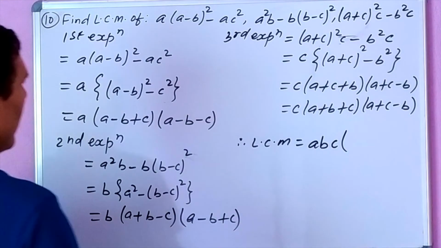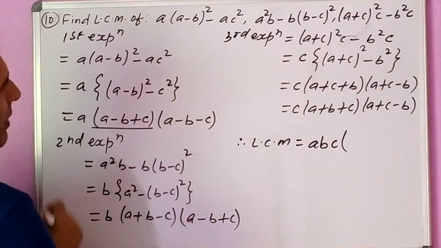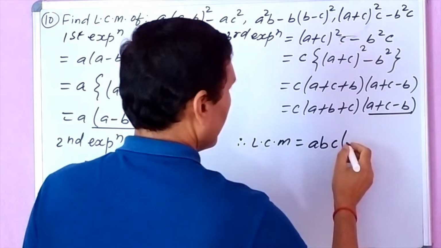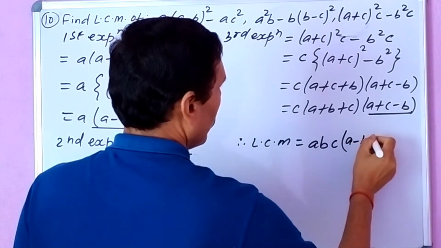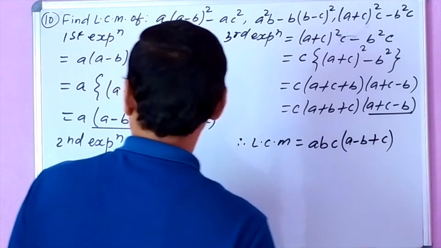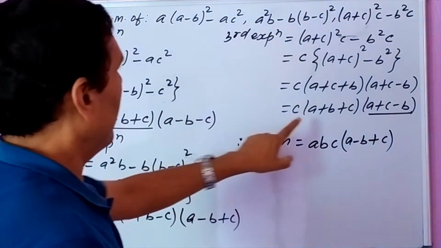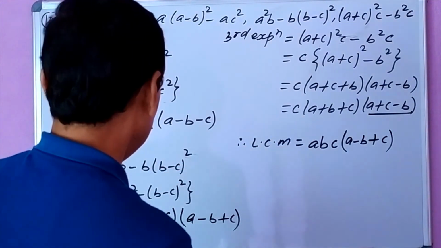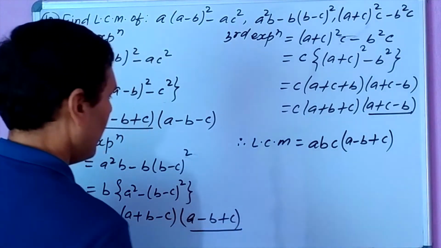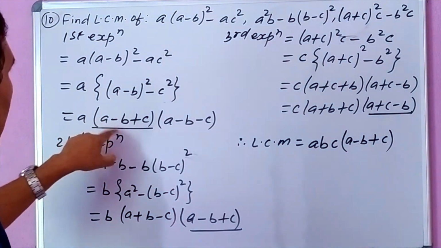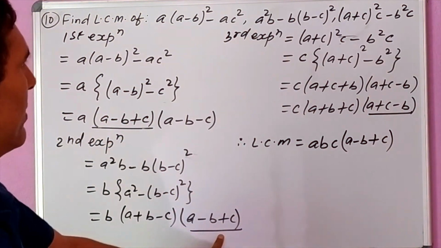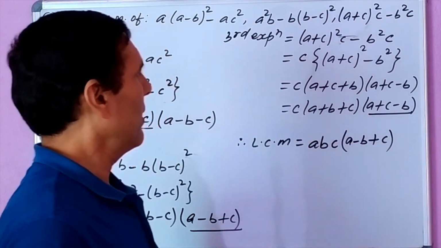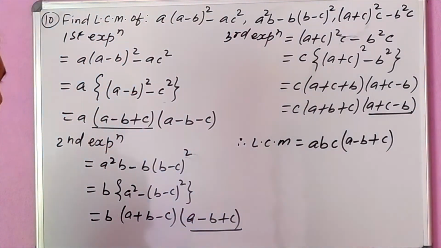So look here now, a minus b plus c is there in the first and third. In the second also we have a minus b plus c. So a minus b plus c is common in all three expressions.